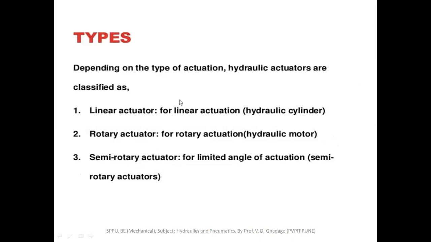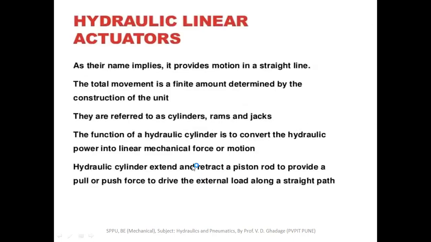These are the types of actuators: linear actuator, hydraulic cylinder; rotary actuator, hydraulic motor; and semi-rotary actuator. The hydraulic linear actuator, as the name implies, provides motion in a straight line.